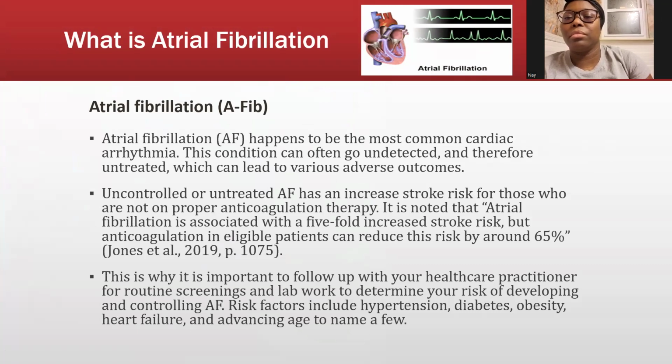When you talk about anticoagulation therapy, you think of things like heparin, or, when most people are discharged from the hospital, Eliquis, different medications that help to thin the blood out. It is also noted that atrial fibrillation is associated with a fivefold increased stroke risk, but anticoagulation in eligible patients can reduce this risk by about 65%.